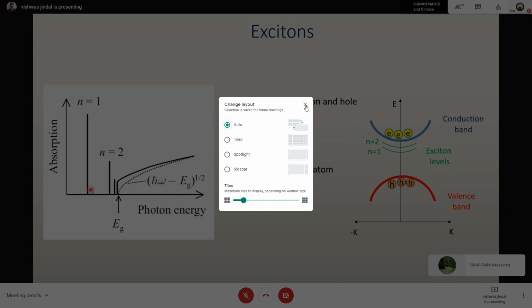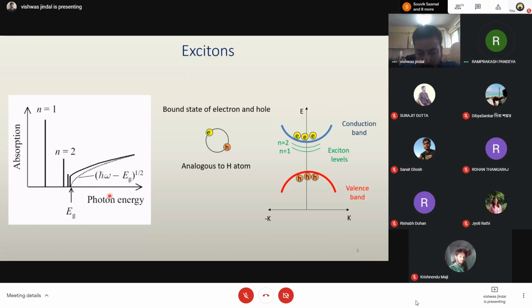You can only know the position relative to the band gap of the material. You cannot know it from the valence band or the conduction band. I'm saying you can know the position of the exciton relative to the band gap of the material, but that is not an exact position.